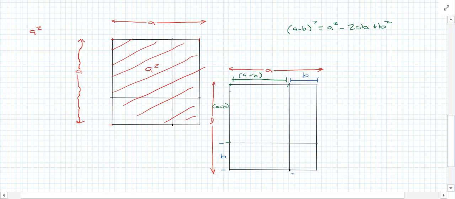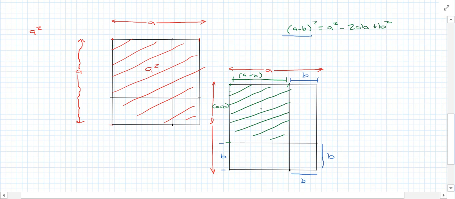So the whole length is a, and this is where it comes from. Now where is (a minus b) squared? It's in here, this part here. It's that square. So that's (a minus b) squared.